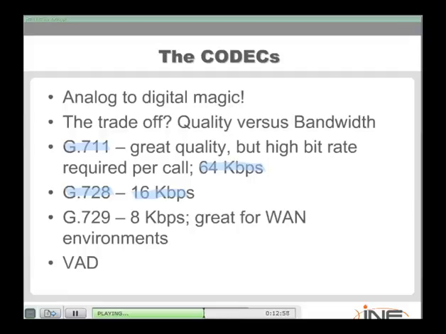Wow. So dramatically, we have less bandwidth needed, but sure enough, that came at the cost of some quality. I want you to know that in the WAN environments, where bandwidth really tends to be a precious commodity, G.729 is the often used codec, and it gets the call bit rate down to an amazing 8K. So not much bandwidth required at all for the calls. That's why G.729 is the codec of choice for many wide area network environments.